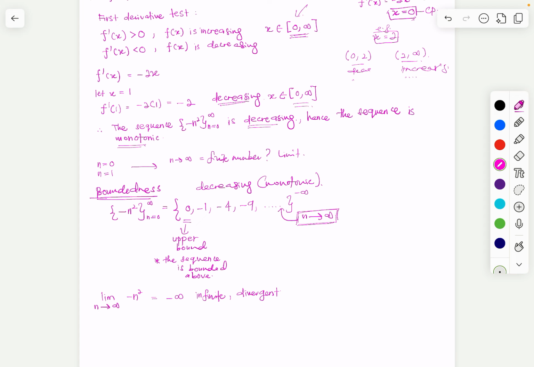It goes forever to a very small number, so it is not bounded. The sequence doesn't stop; it goes forever to a very, very small number. So it means that this sequence doesn't have a lower bound.